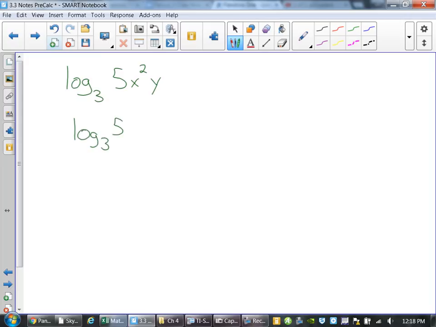What do I do next? Plus. Good. Log base 3 of x squared plus log base 3 of y. Is there anything else that I can do? Yes. You can take the 2, put it up front here. Could I have done that right away? Absolutely. I'm just doing the long way to see if you guys remember any of this stuff.